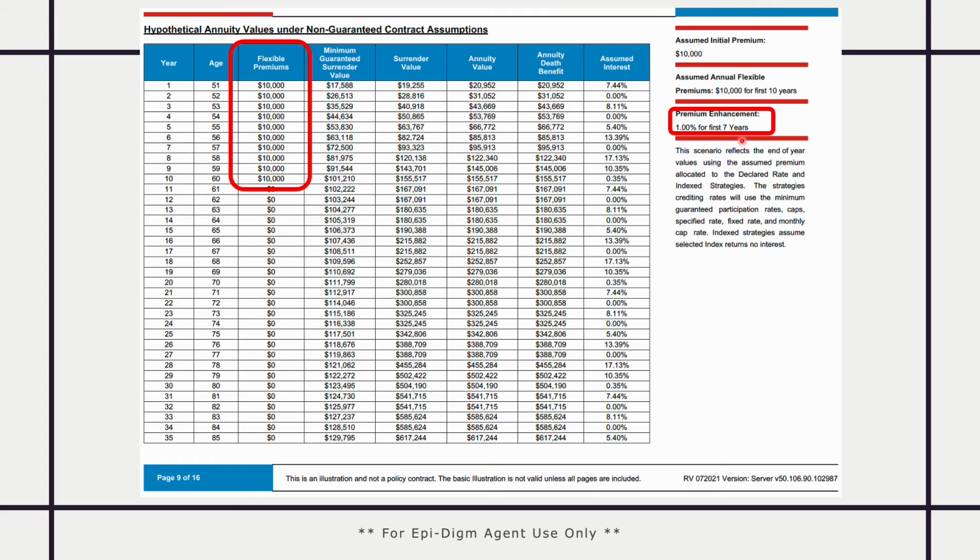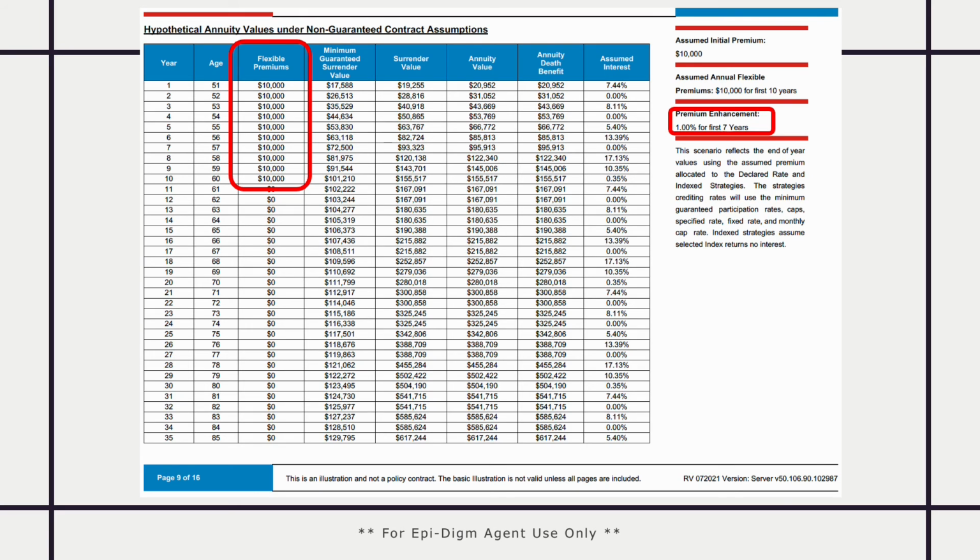And not only that, it has a 1% premium bonus for the first 7 years. I only show 10 years of contribution because I just designed it that way. But if the client wants to, he or she can put in however long they want, or however short. They can do that. Okay.